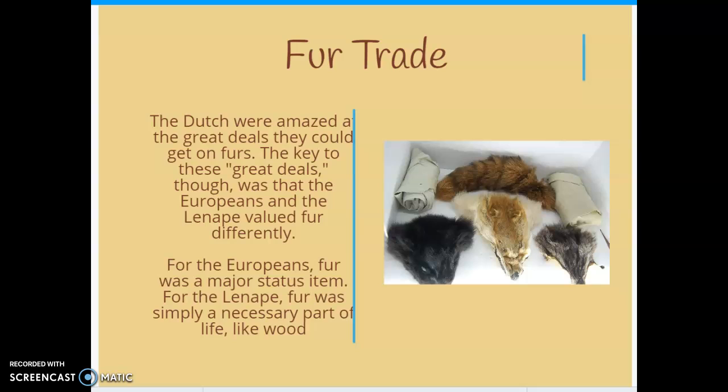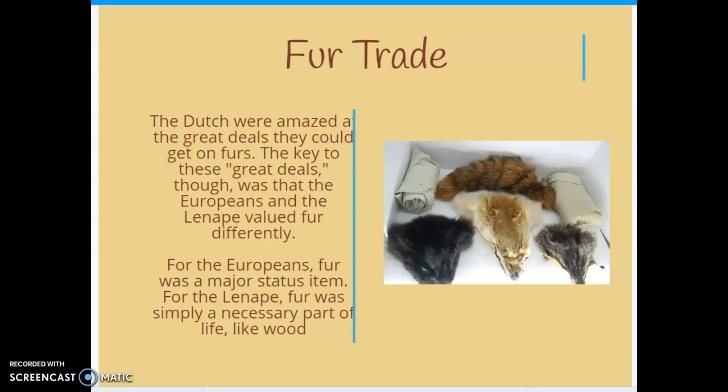The Dutch were amazed at the great deals they were getting on furs. And here's the thing. The people in Europe spent a lot of money on furs because it was very valuable to them. The Native Americans, and as you see here, the Lenape, valued fur in a different way.